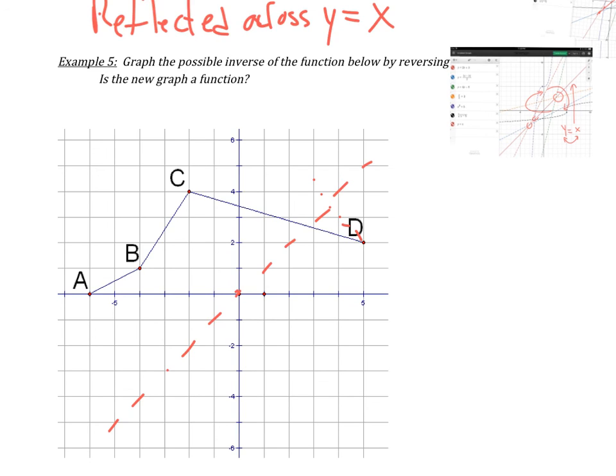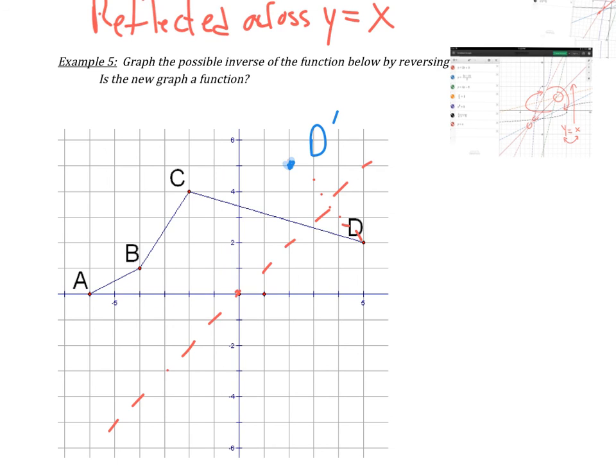And so this D looks like it's going to end up over here. This is the new D, we'll call it D prime. We use that for transformations quite a bit. So it's going to reflect across there.